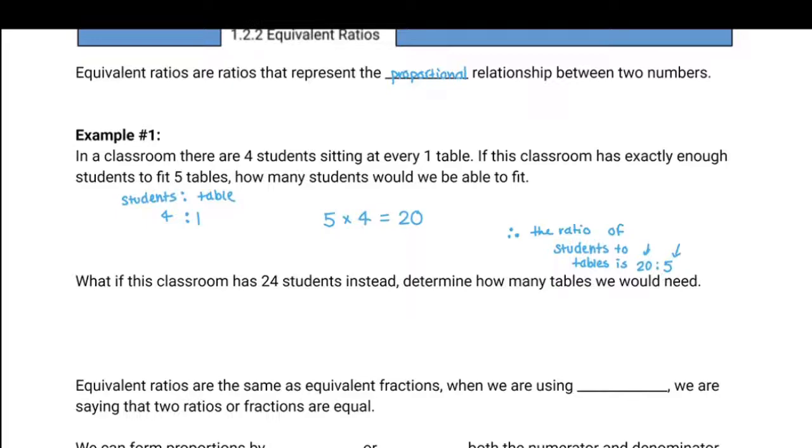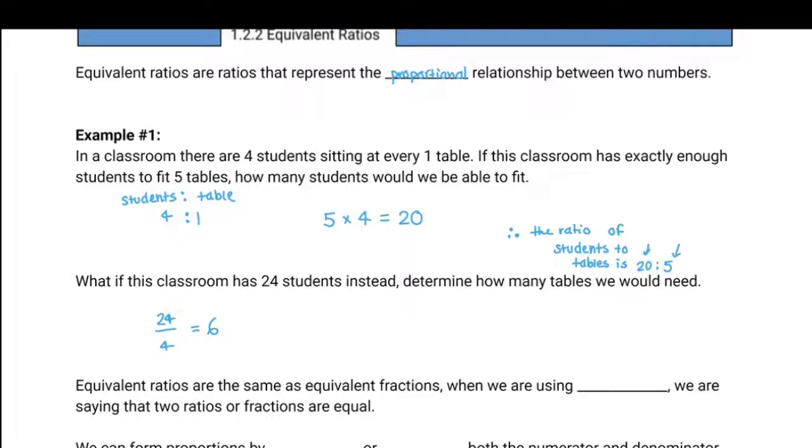So this question, instead of finding the number of students, we're now finding the number of tables. So if you have 24 students, and you divide them into groups of 4, because there are 4 students at every one table, you will see that there are 6 groups, meaning 6 tables.